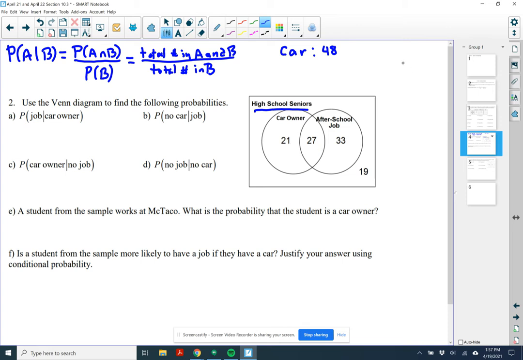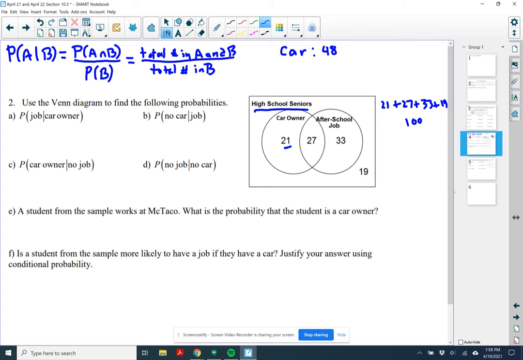Now, I do want to look at the overall total because there's something interesting here. 21 plus 27 plus 33 plus 19, that overall total is 100. So actually, we could be talking about a survey of 100 high school seniors, or we might have percentages.